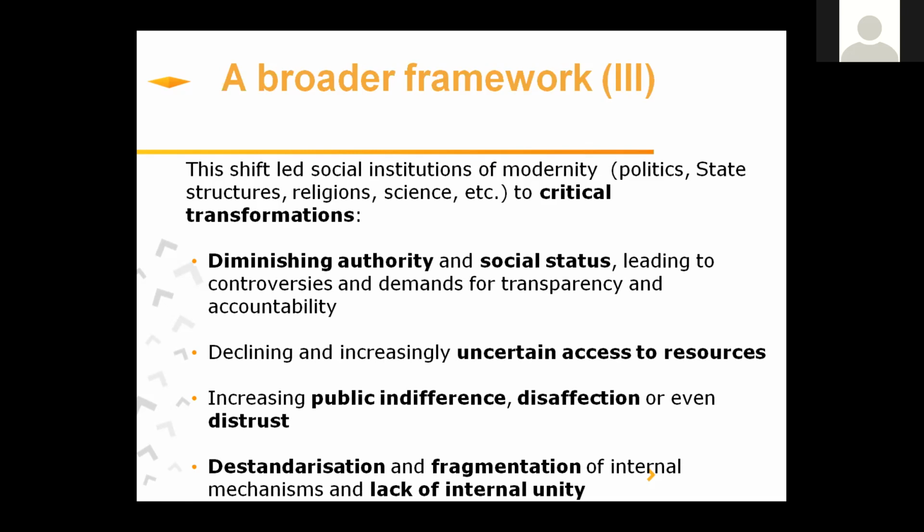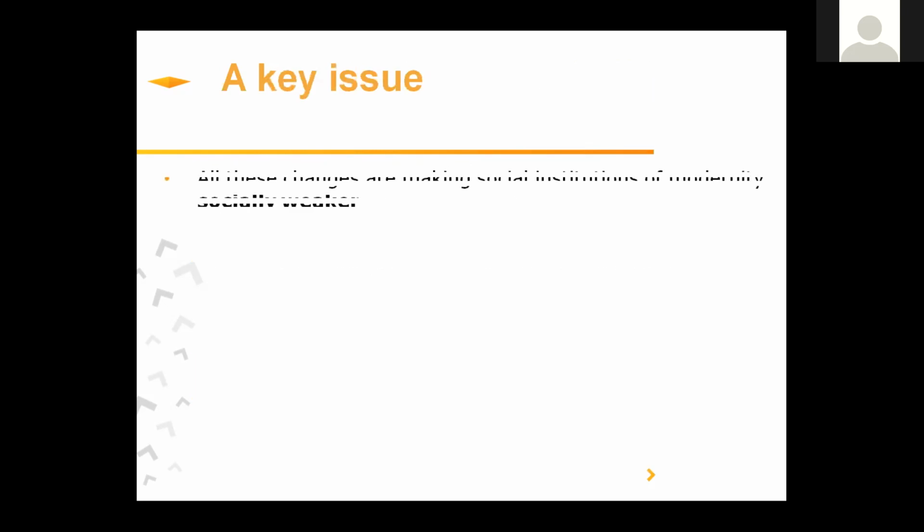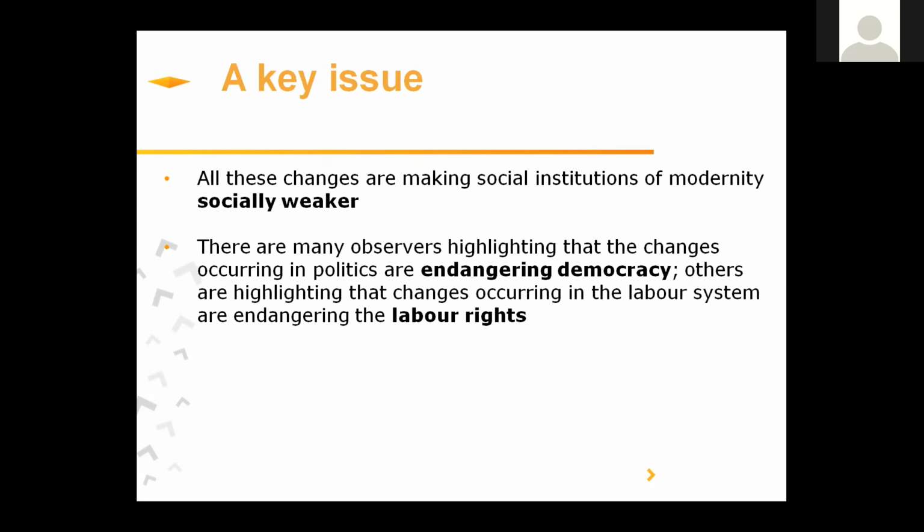For example, science is no longer a unitary field. All in all, we can say that these changes are making science and the other social institutions of modernity socially weaker and much more difficult to manage.